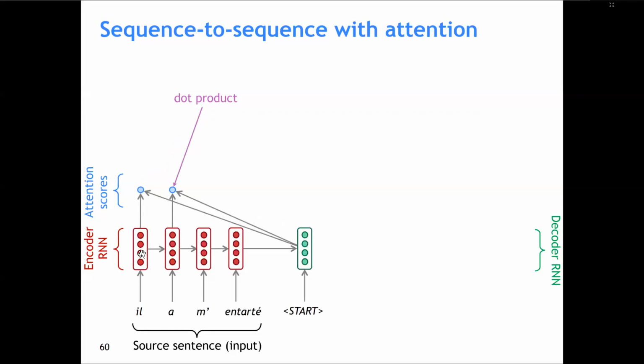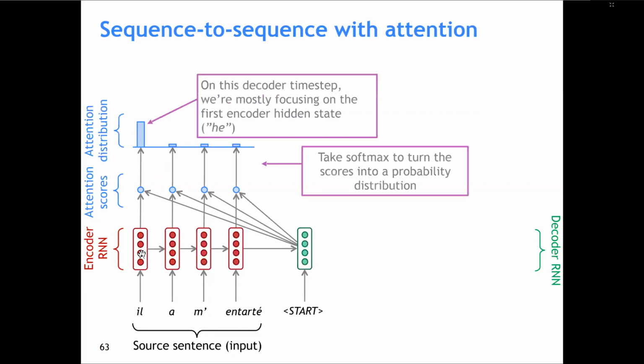You do the dot product with all of them, and from the scores you derive a distribution, using the softmax function to turn the scores into a probability distribution.